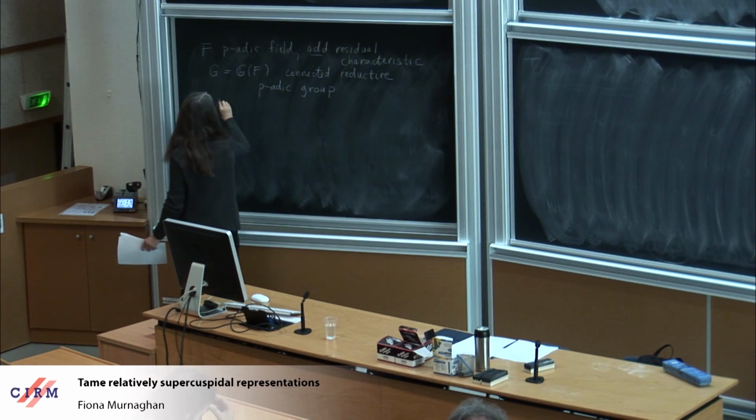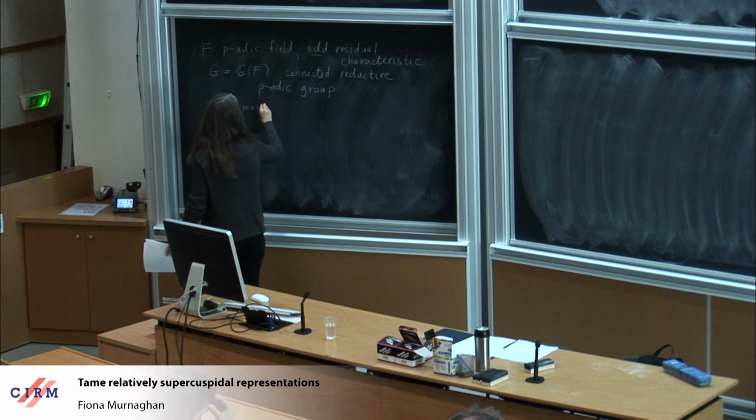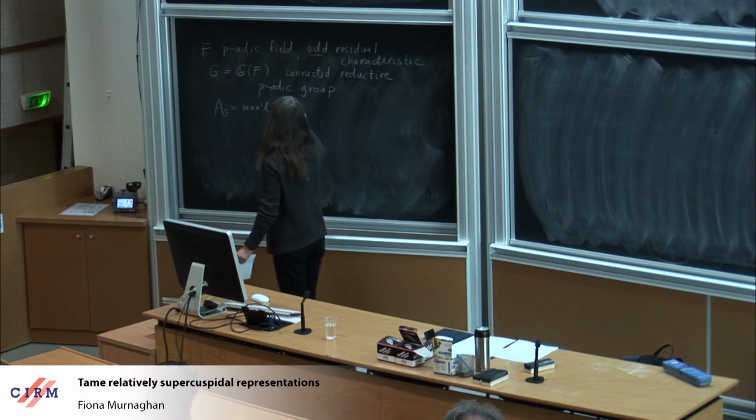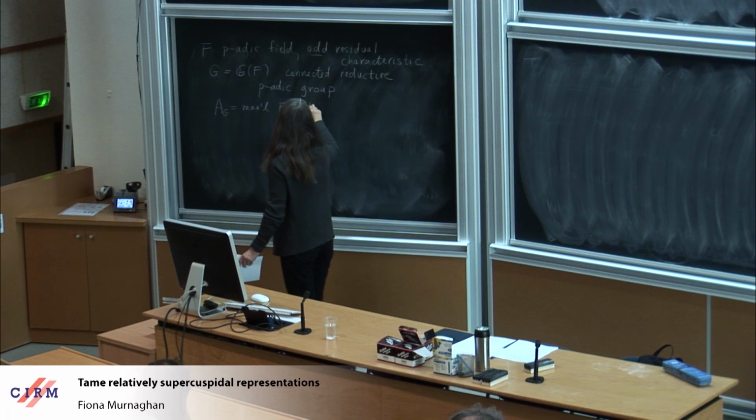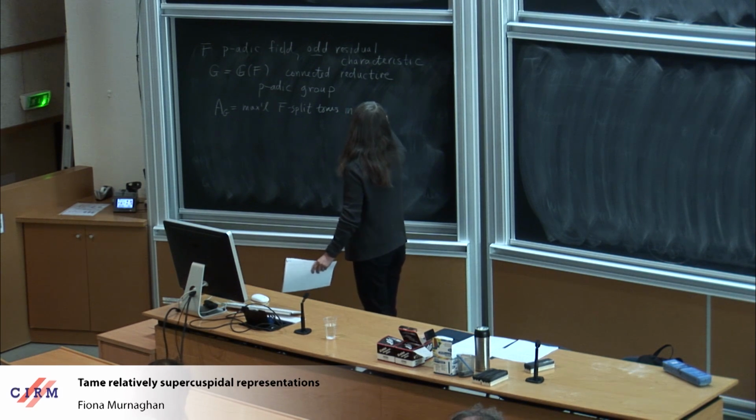Let's see, the notation A sub G will be denoting the maximal F-split torus in the center of the group.